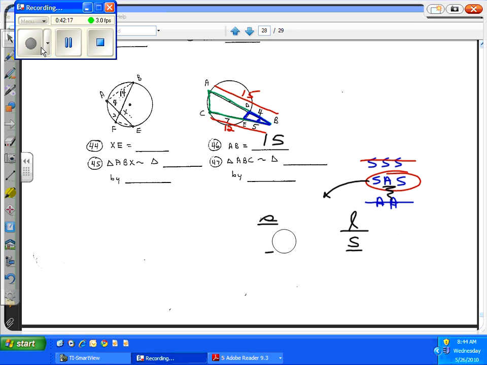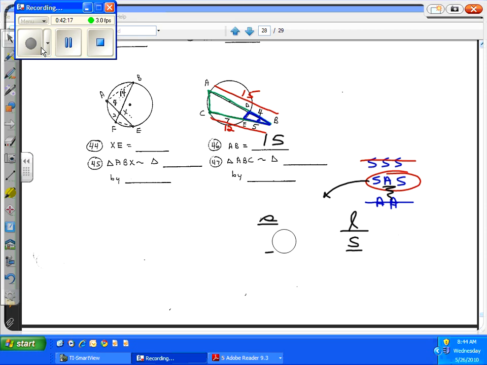If two secants intersect a circle, now it says the triangles are similar by what? Well, we know that this whole thing is 12, and we just figured out that all of AB is 15. And so how could we prove that they're similar?